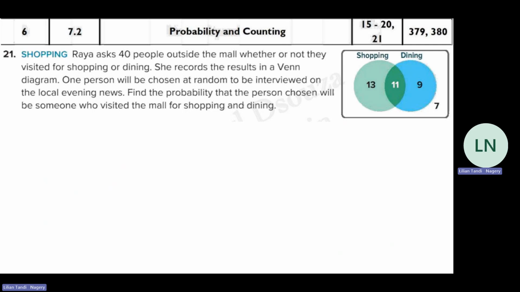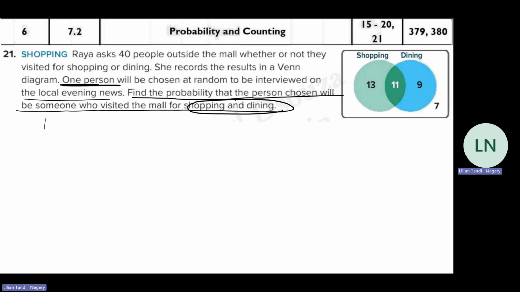Okay? All right. So one person will be chosen at random to be interviewed on the local news in the evening. Okay? One person. Find the probability that the person chosen will be somebody who visited the mall for shopping and dining. Okay?